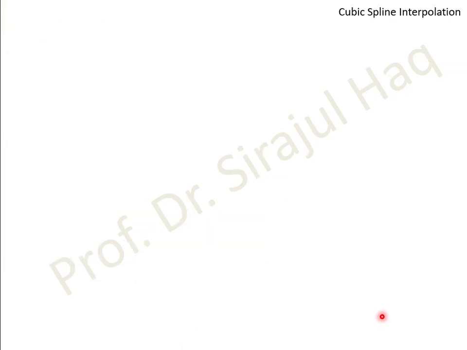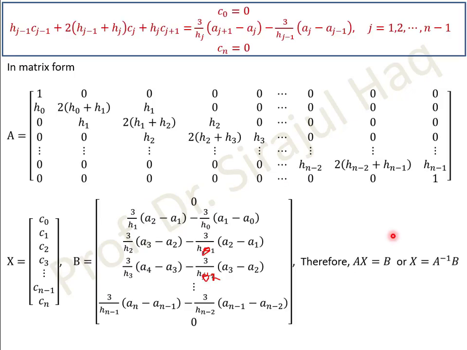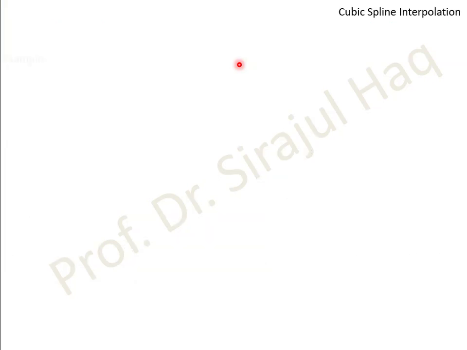So I will be going for an example. I got this system, the ci values we will compute, and in the previous slide I showed you that the values of bi's and di's can be computed from the ci's.